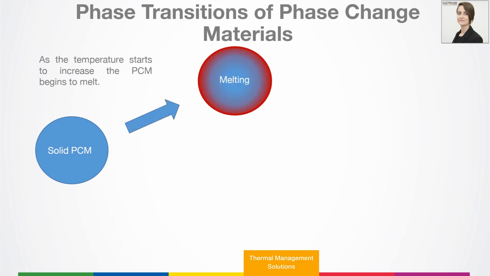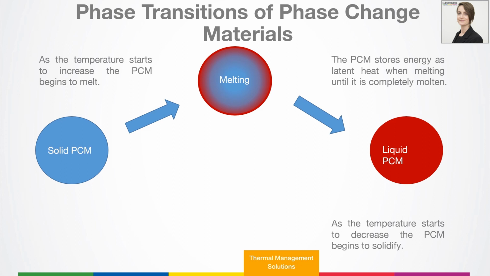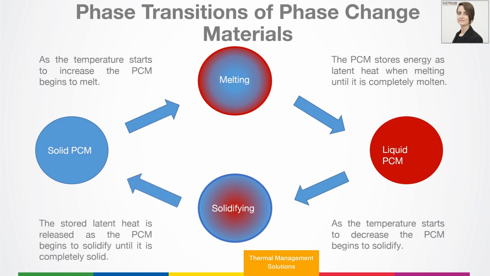As the temperature starts to increase, the phase change material will begin to melt. That phase change material stores energy as latent heat when it's melting until it is completely molten. Then you end up with liquid phase change material, which is fully conformed to all of the contours of that interface, giving you maximum heat dissipation.